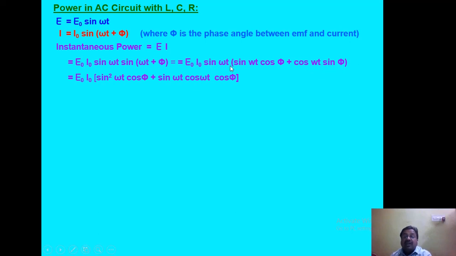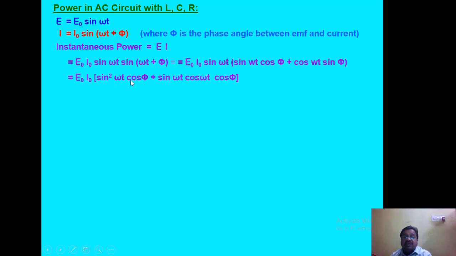Now multiply sin omega t with every term of the bracket. First with sin omega t cos phi, it is sin square omega t cos phi. Then sin omega t multiplied with cos omega t sin phi, it is sin omega t cos omega t sin phi.